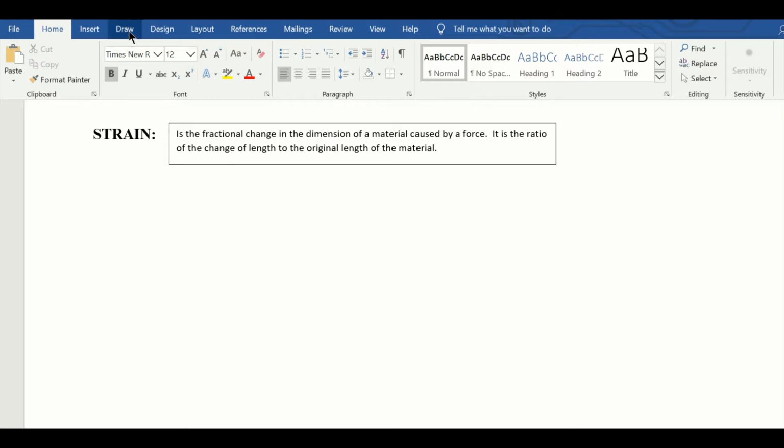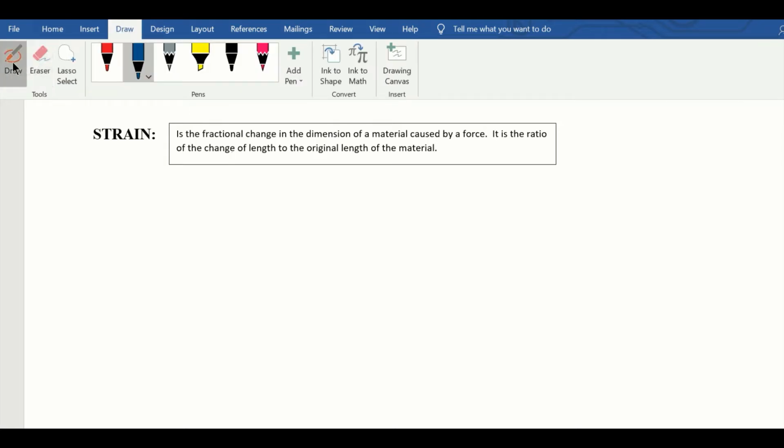Now, the first symbol we use for strain is written as this. Here is the symbol for strain. It's a Greek letter called epsilon.